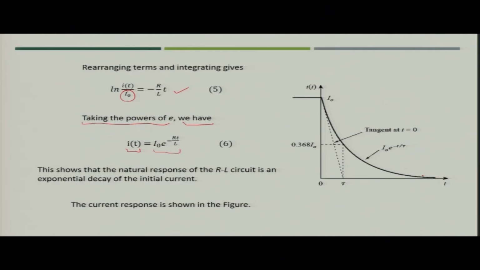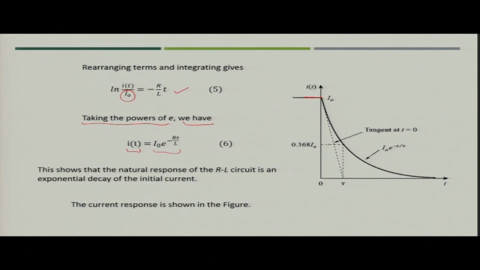The function would be exponentially decaying. It will start with the initial value, that is I naught, and then it will decay with the function e to the power minus R t by L.